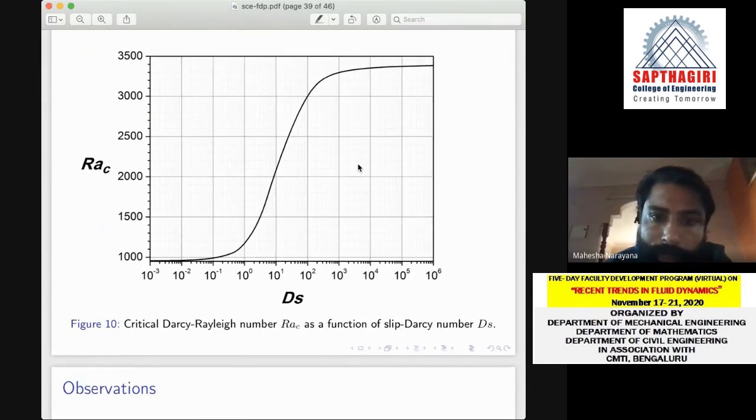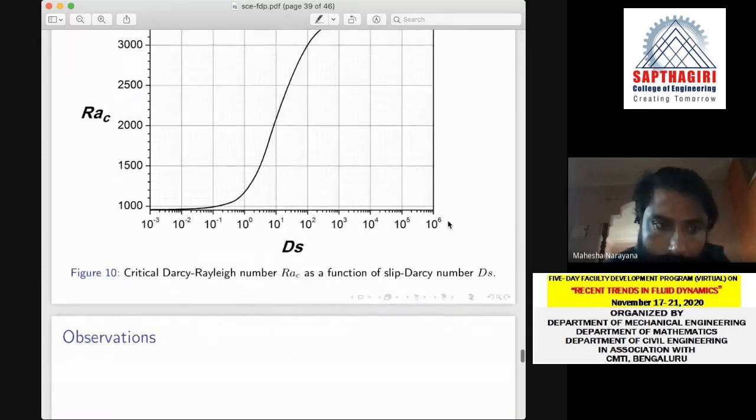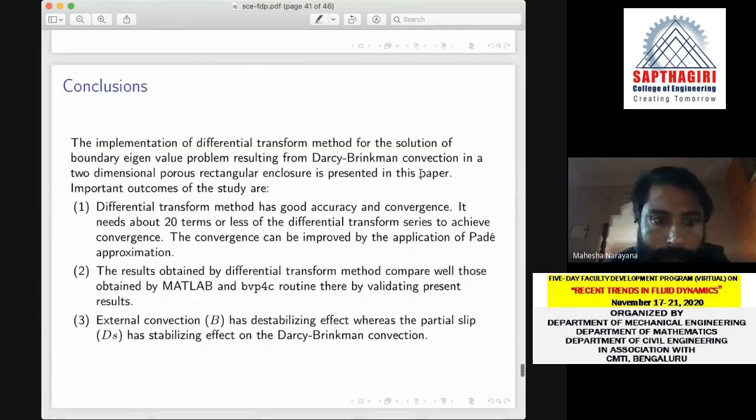But the whole idea of today's talk was to highlight how a simple technique like differential transform could be used effectively in handling complicated problems arising from real-world applications. All right, so these are some of the results which is drawn from the fluid mechanics point of view.